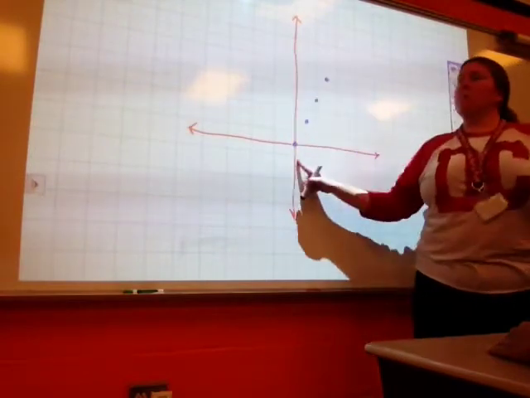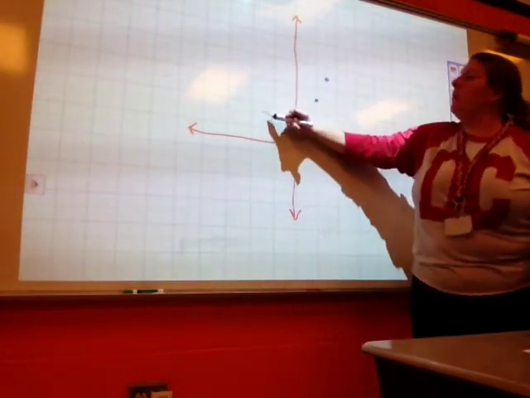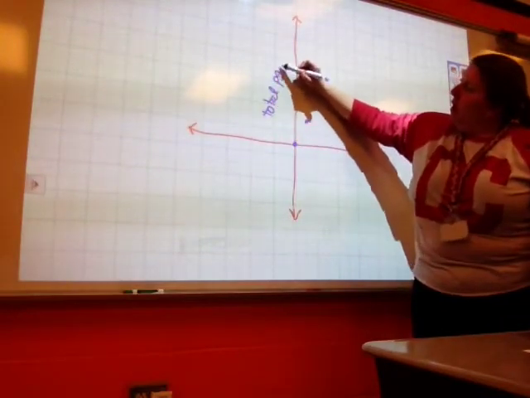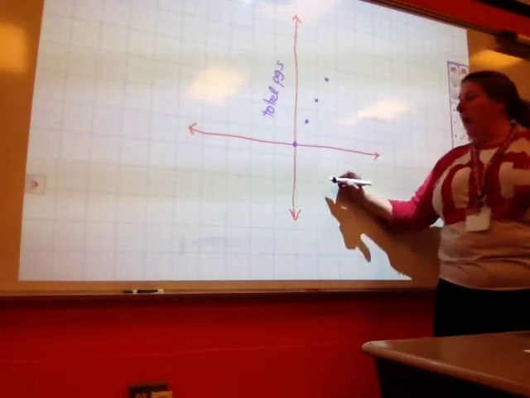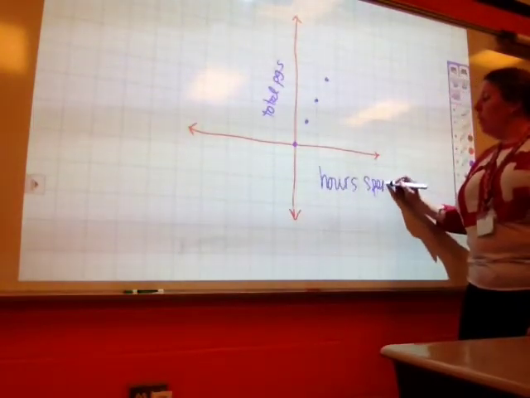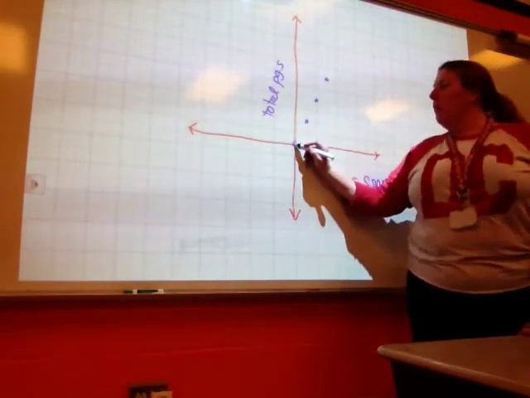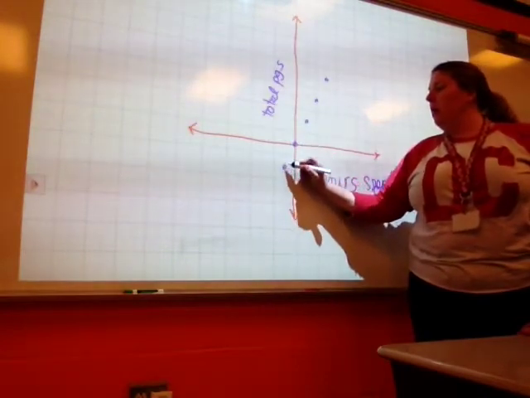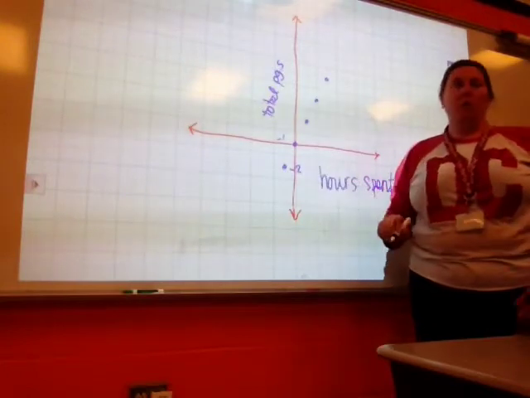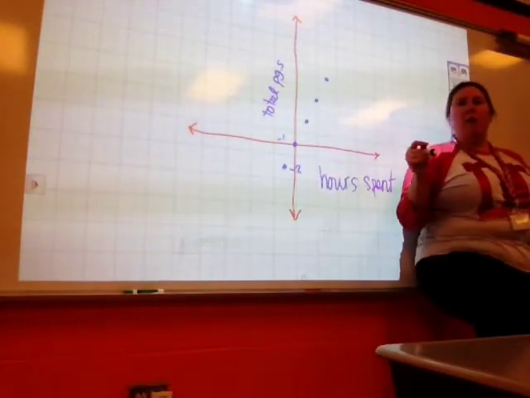What did we say this was? Our total pages written, right? And what did we say this was? My hours spent. Okay? So if I were to reverse this, it would come here, right? So that would be at a -1, -2. Which actually means what?